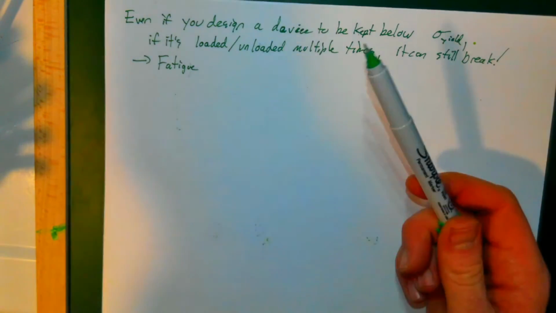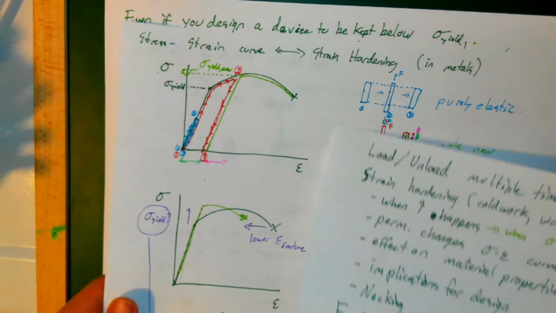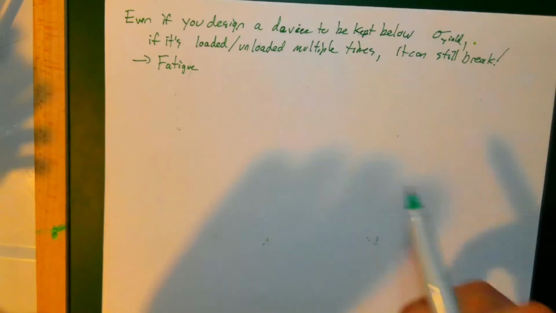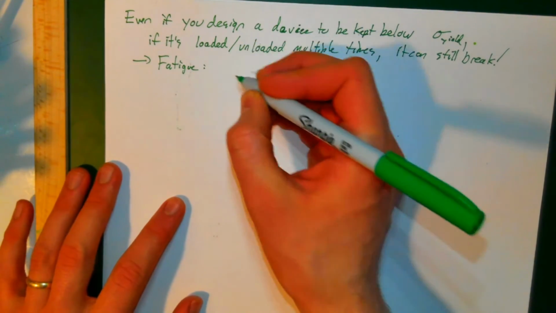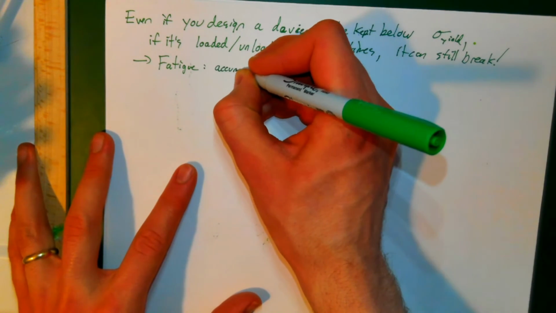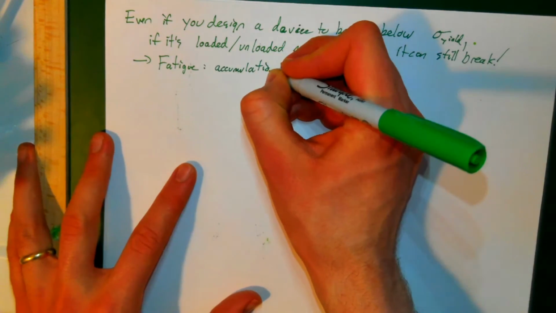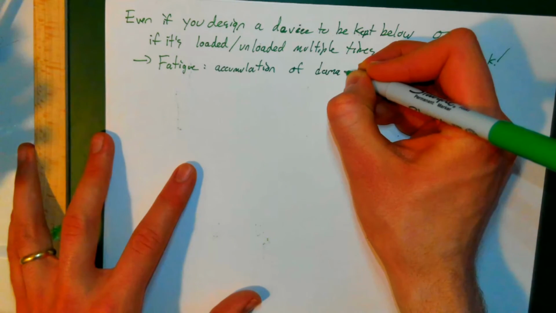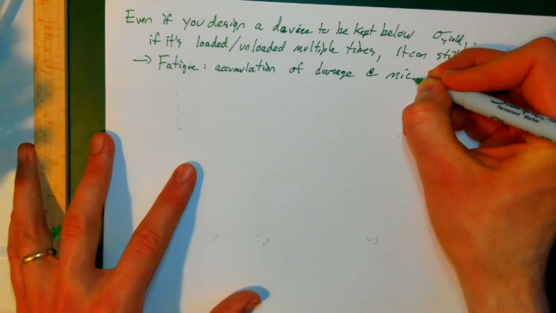From a macroscopic perspective, we return to where we originally were, but this phenomenon of fatigue occurs with an accumulation of damage at the micro level.